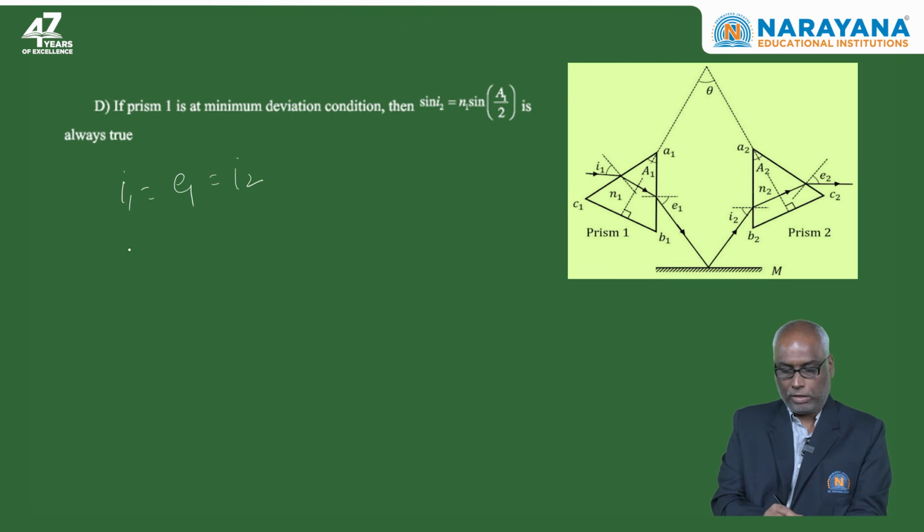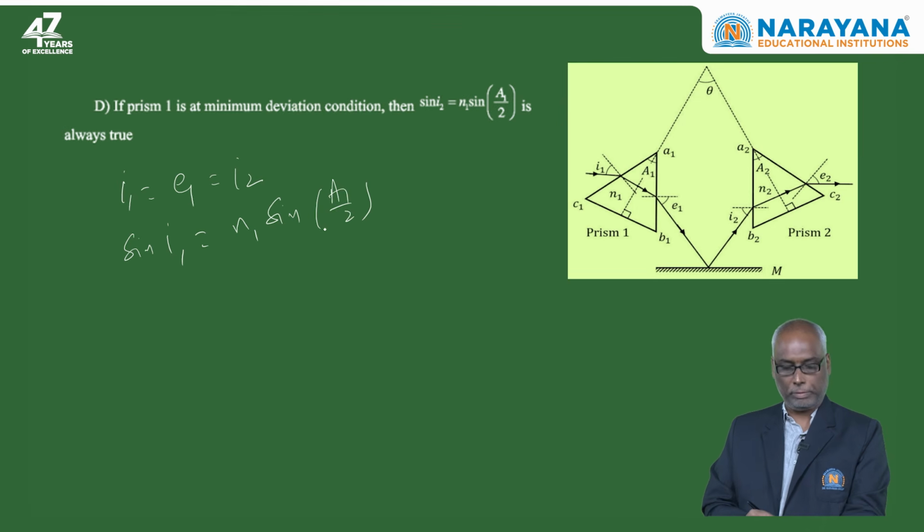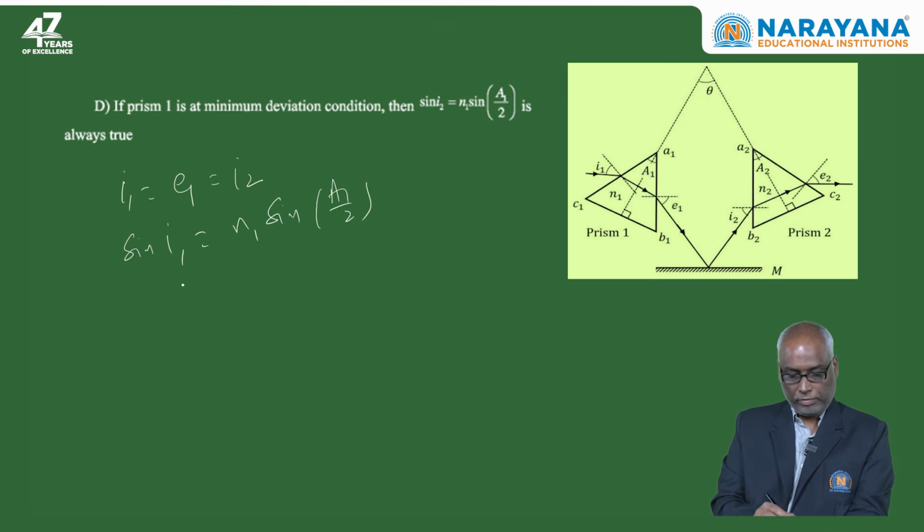Now, applying Snell's law for the first prism, sin I1 should become equal to N1 into sin R1, which is nothing but A1 divided by 2 under minimum deviation condition. Because I1 and I2 are equal, I can say sin I2 should become equal to N1 into sin of A1 divided by 2. Hence, option D should be correct.